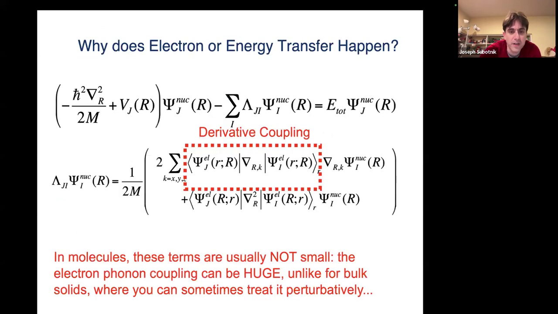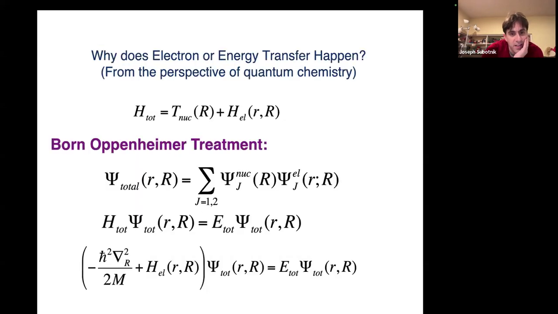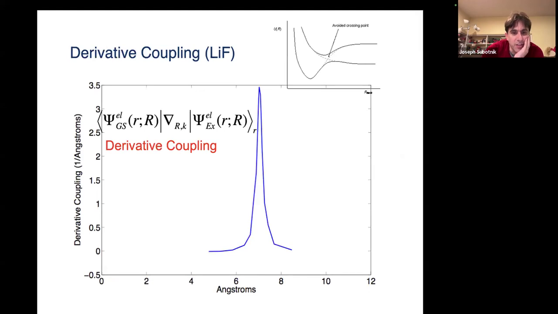So if we go back to the lithium fluoride case, it tells you that when you go to this region in here, where the two characters of the electronic states change and the two energies come close together, that's where the derivative couplings are large, and that's where the system decides whether an electron transfer occurs or doesn't occur. This is all the common lore of non-adiabatic chemistry. And so here's an example of what the derivative coupling looks like for lithium fluoride. It's peaked around 7 angstroms, right in here, in the avoided crossing.